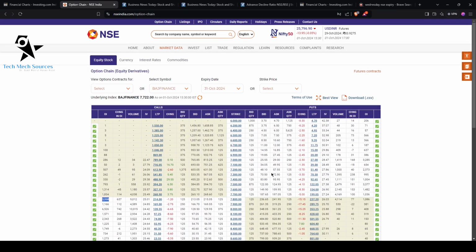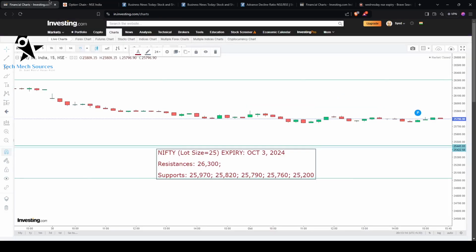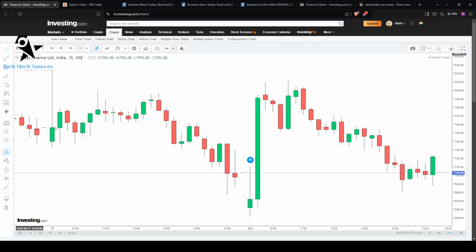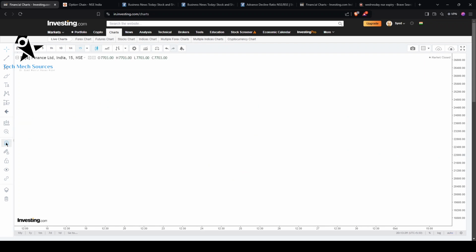So here we have seen the OI values. Now if we see the chart, I am writing here Bajaj Finance. Let me unzoom this and find for 1 month.